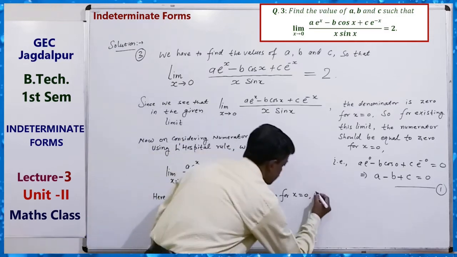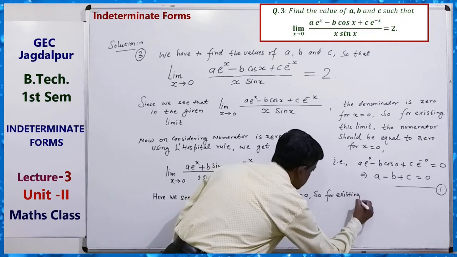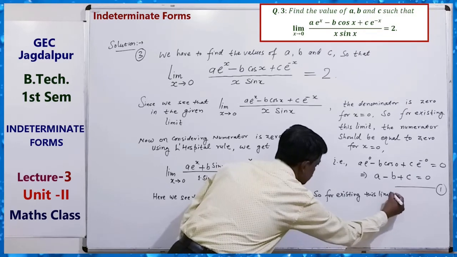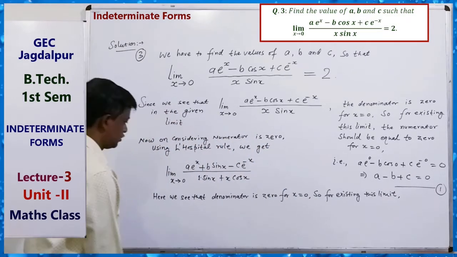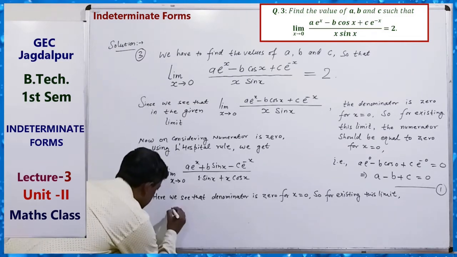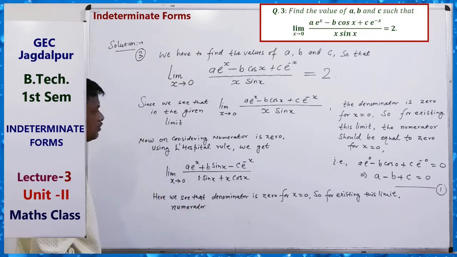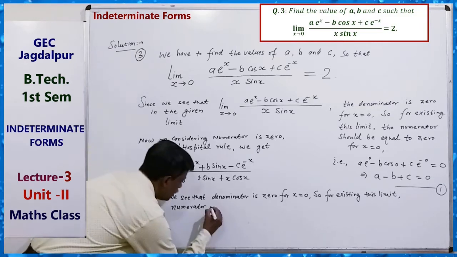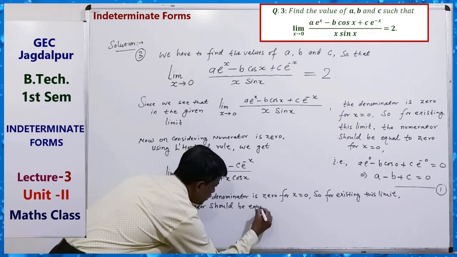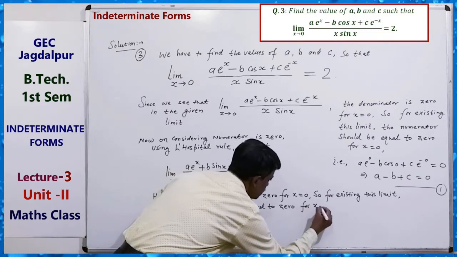So for this limit to exist, the numerator should be equal to 0 for x equals 0.